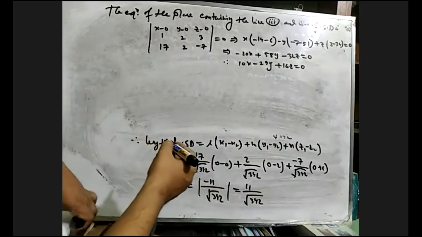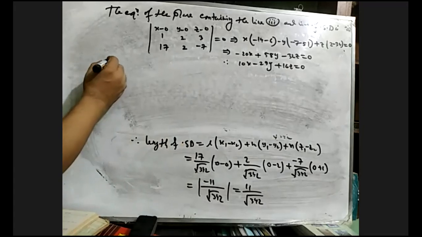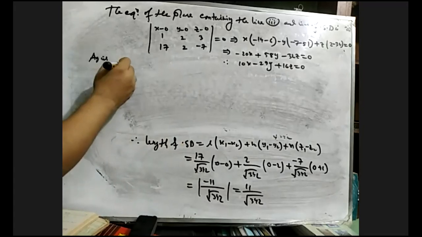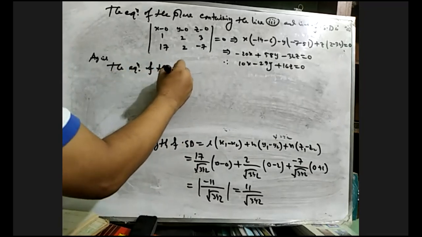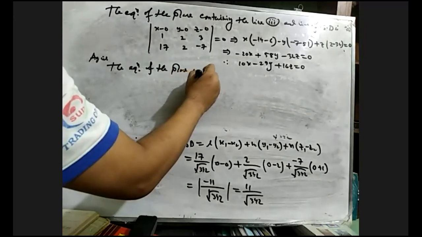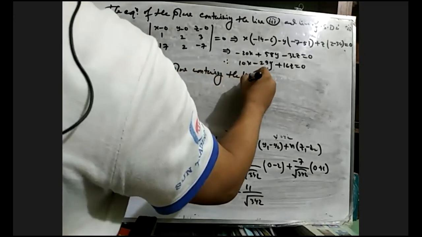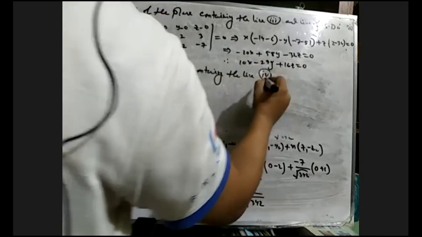Similarly, the equation of the plane containing line 4 and the line of shortest distance.